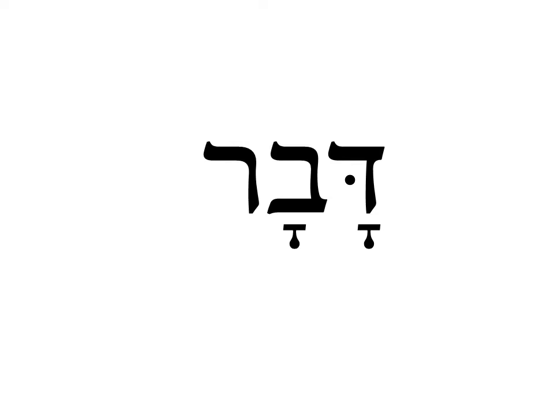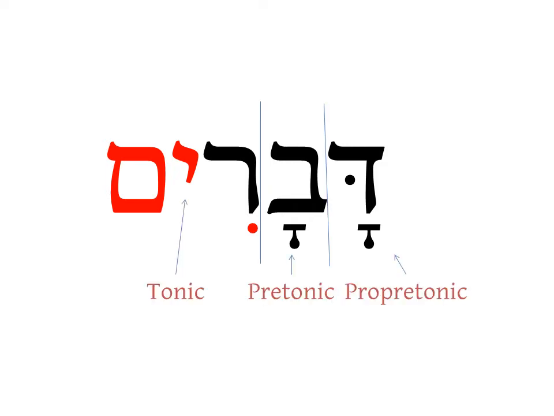Let's take the word davar, for instance. Davar is a masculine noun, so if we want to say words, the plural, we add im onto the end. Okay? Now we find that we have 3 syllables. The tonic syllable, the one with the stress, is rim. That's the last syllable of the word.